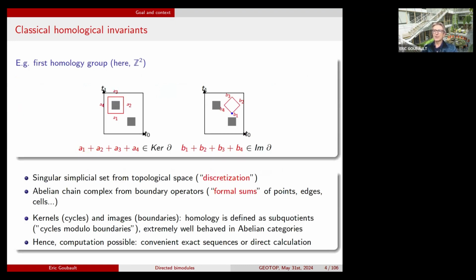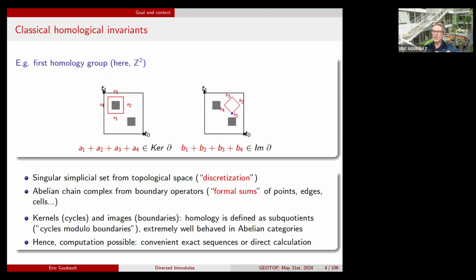And these classical homology theories, like singular or simplicial homology theories, for instance, are constructed from, let's say, singular models, simplicial set models, like singular simplicial sets, with a construction of chain complex out of them, taking kernels and images of boundaries, and using the algebraic properties of abelian categories, such as the ones that are taken as coefficients in general, like Z here.